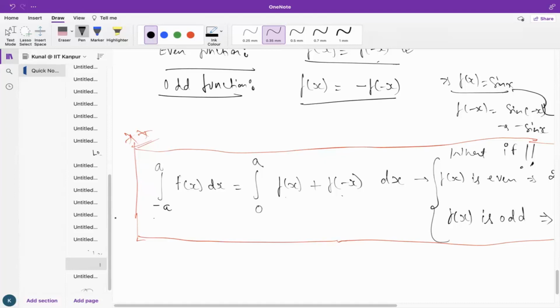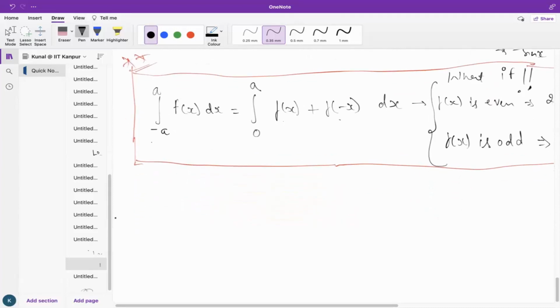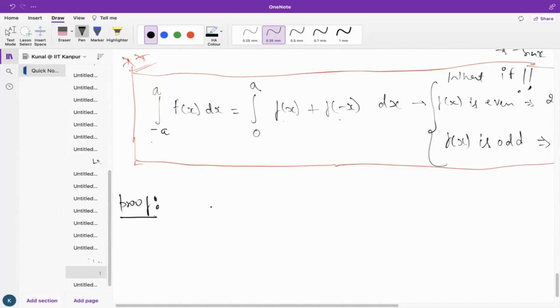Let's move to its proof. Let me write our given integrand, minus a to a f(x) dx, right?